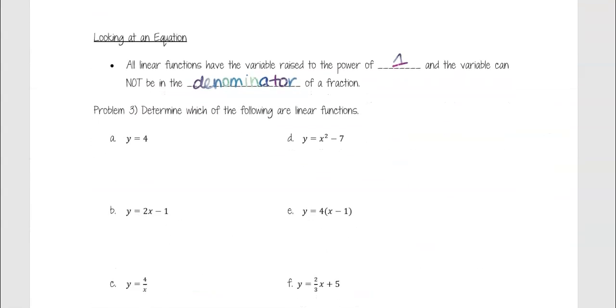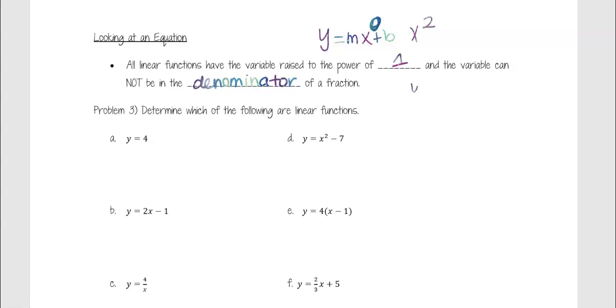And now let's just look at an equation. All linear functions have the variable raised to the power of 1. Y equals mx plus b. Think about that function. If I don't see an exponent, it's a 1, okay?